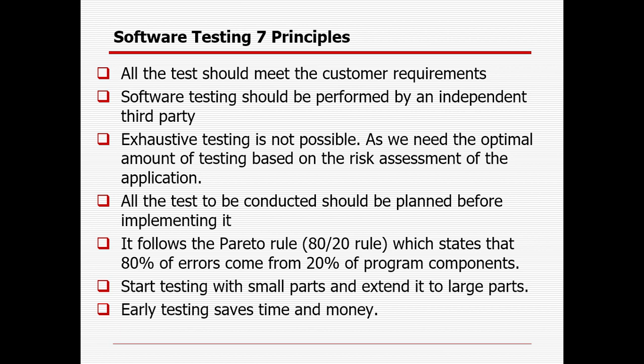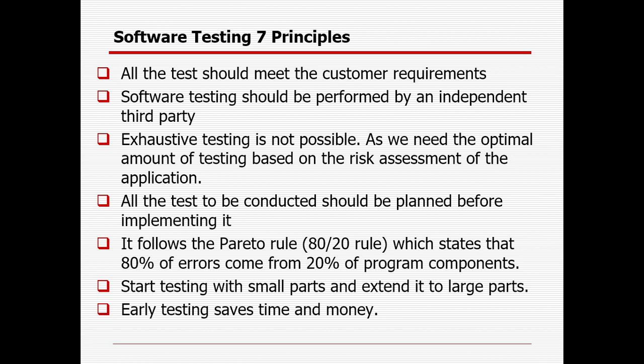All the tests to be conducted should be planned before implementing in the production. So before that, all the kinds of testing already discussed, we should do. After that, once testing is satisfied, and no major or blocker defect is there, and even for a medium defect there is some workaround, then we can deploy the code in the production environment.